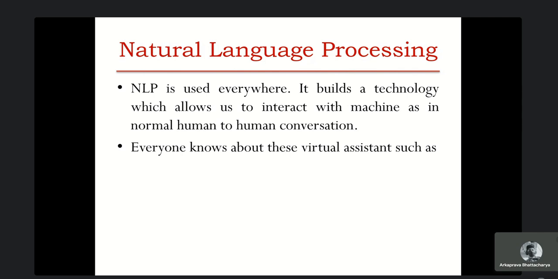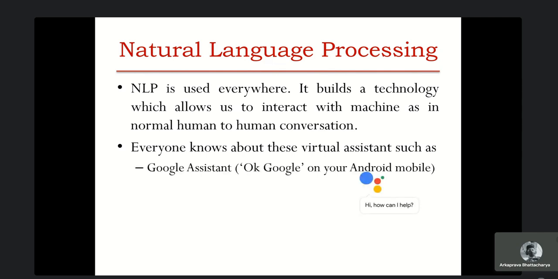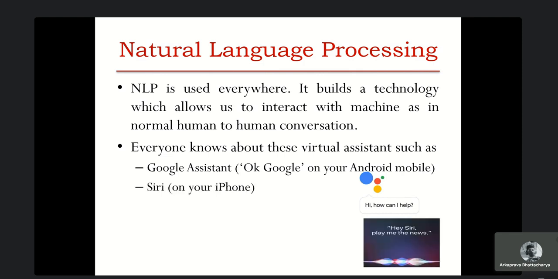These virtual assistants came into existence only because of natural language processing. Some examples: Google Assistant, just say okay Google on your Android phone and you can open anything on your phone. Then you have Siri on your iPhones, Cortana, Alexa, and so on.